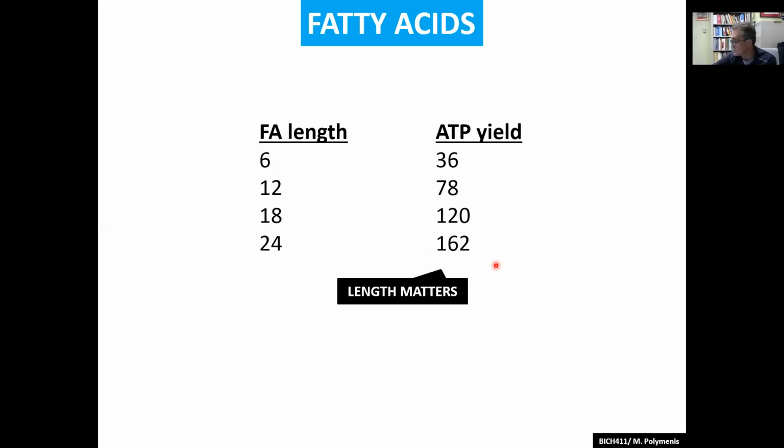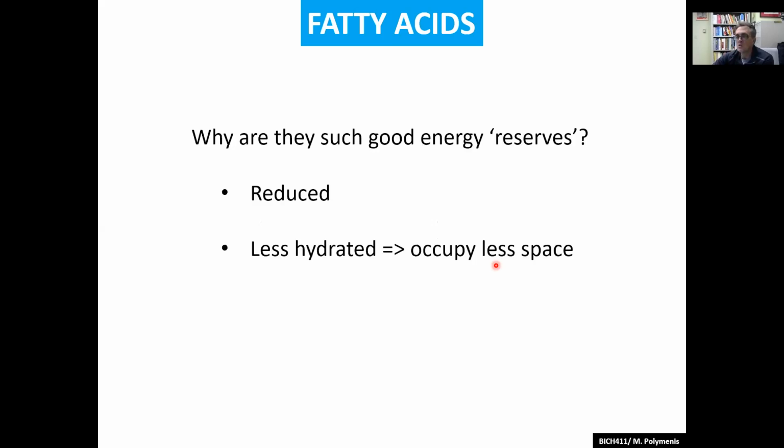So length matters, right? It's not beneficial to have short fatty acids. That also explains why they are such good energy reserves. You get a ton of ATP out of them because they're reduced. And again, they are less hydrated, so they occupy less space. So fatty acids are really incomparable as energy reserves compared to anything else.